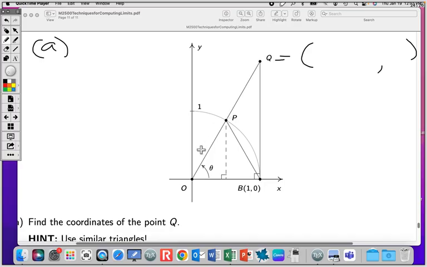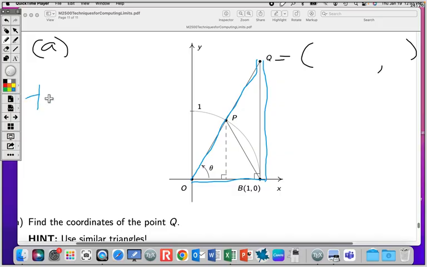You notice that if I look at the triangle OQB, which I'm tracing very shoddily there, that's a right triangle.